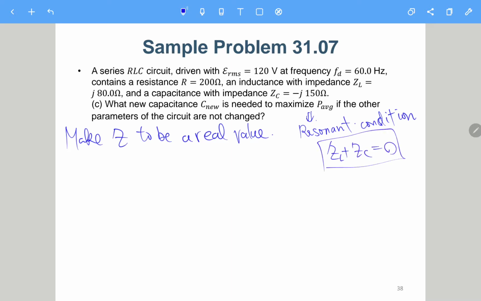Here we should make everything unchanged except the ZC. So ZL is J80, now we should make ZC new to be negative J80. And then in that case, Z will be just R, which is 200, and we can maximize the output power.